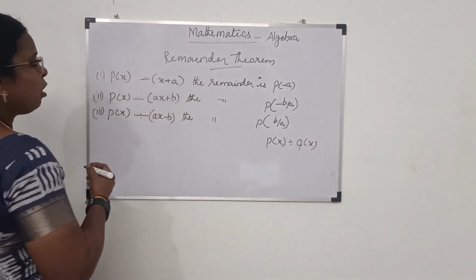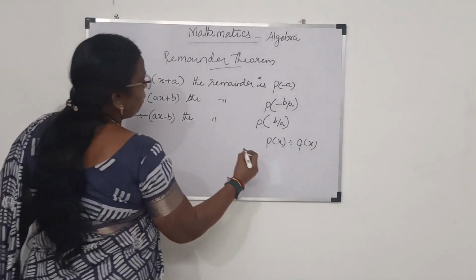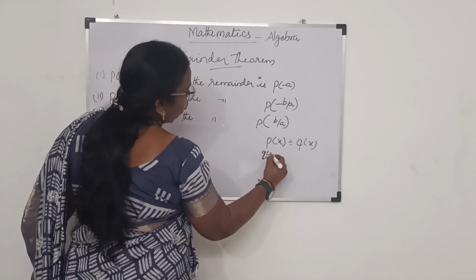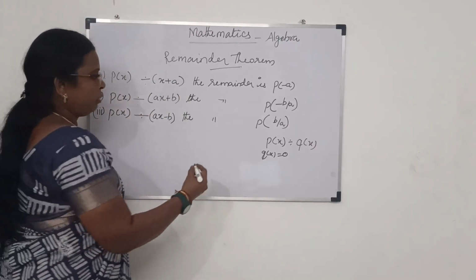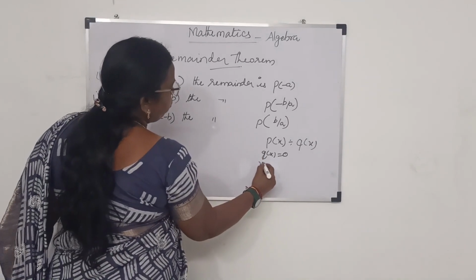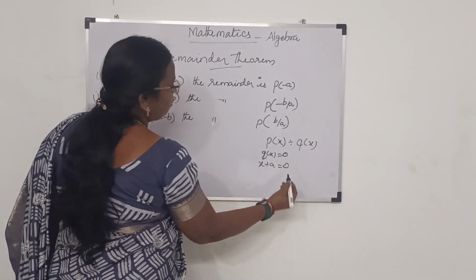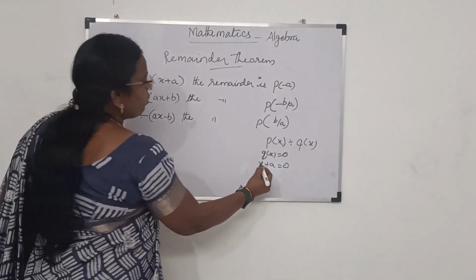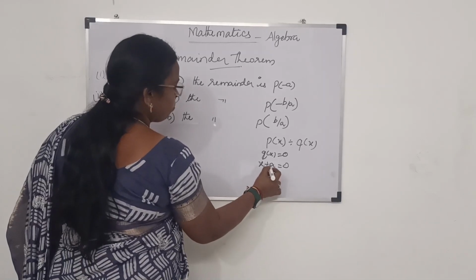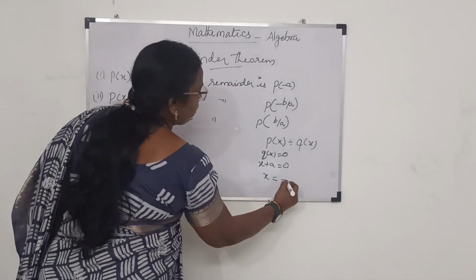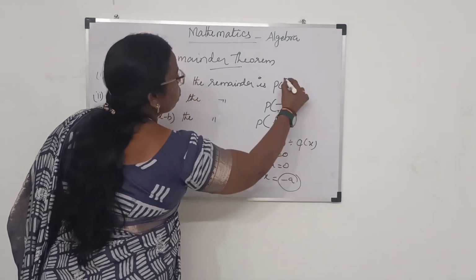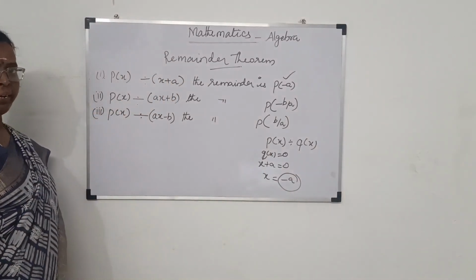To find the remainder, let us take q of x is equal to 0. So q of x is x plus a is equal to 0. What is the value of x here? When plus a goes to the right hand side of this equation, we get minus a. So the x value will be minus a.